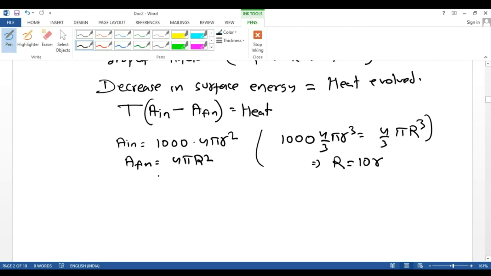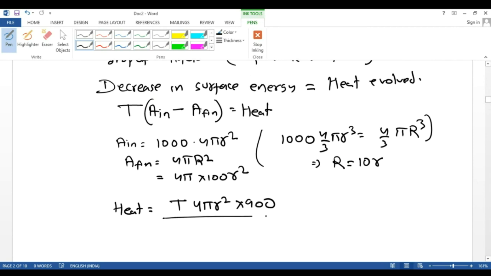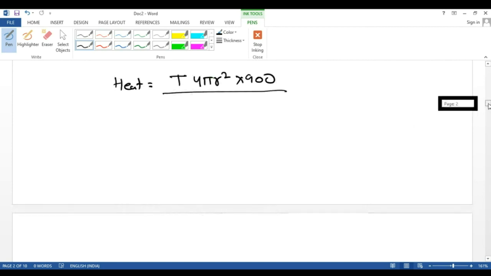So if you substitute here, this would be equal to 4 pi times 100 r square. So you can see that heat evolved is simply equal to surface tension times the change, A initial minus A final, which will be 4 pi r square times 1,000 minus 100, that is 900. So this is the amount of heat which has been evolved when this happens.